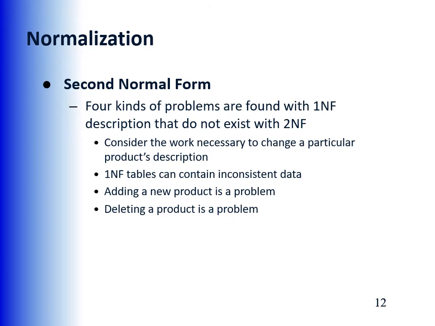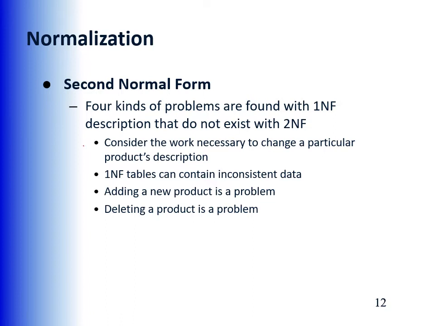There are 4 kinds of problems found with first normal form design that do not exist with second normal form. Number 1, consider the work necessary to change a particular product's description. Changing it involves modifying a lot of records and it would be expensive.